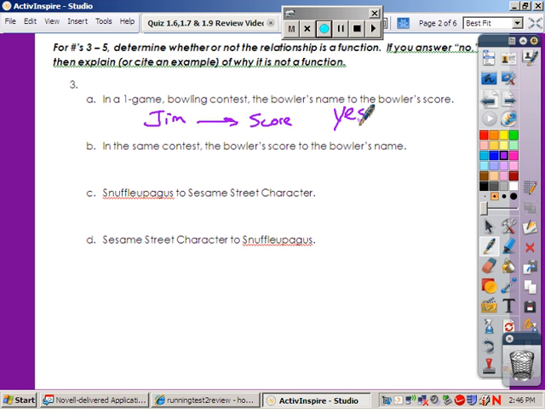On the other hand, let's say that Jim bowled a 237, just for fun. Good for him. The other one says the bowler's score to the bowler's name. So now we're going to take 237 and say, does that give us directly to Jim? Well, maybe, but not necessarily. Suppose somebody else also bowled a 237.